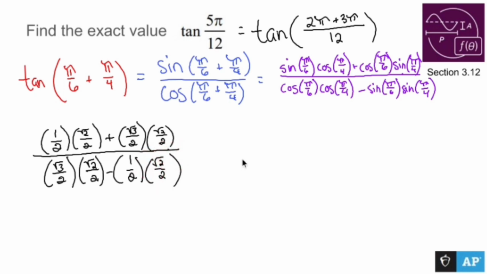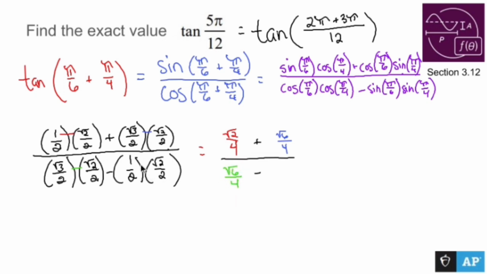Okay, so this is where it's going to get fun. Root 2 times 1 is root 2. 2 times 2 is 4. Root 3 times root 2 is root 6. 2 times 2 is 4. You're adding on top, all over, you're subtracting on the bottom. Let's get a different color. Root 3 times root 2 is root 6. 2 times 2 is 4.